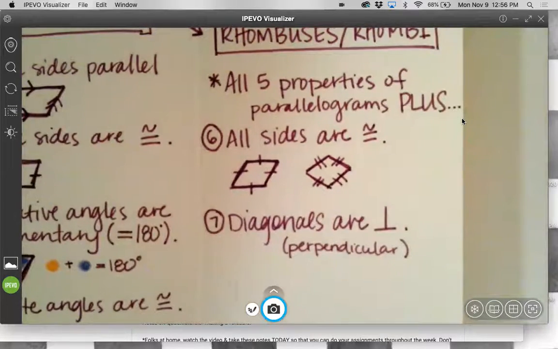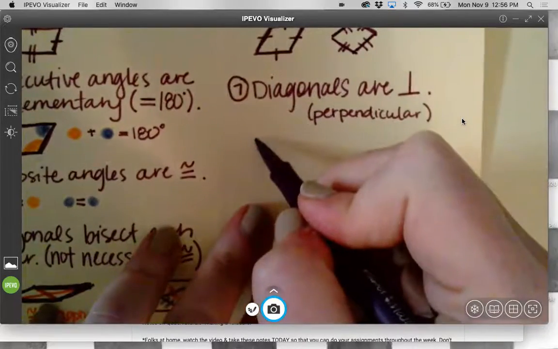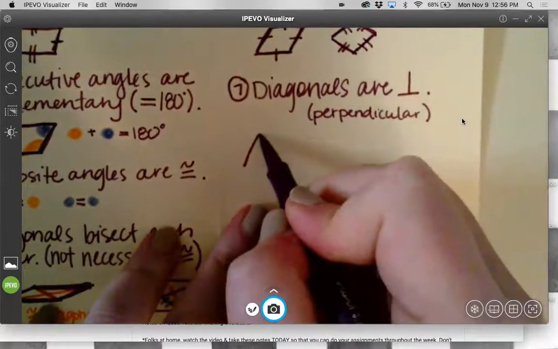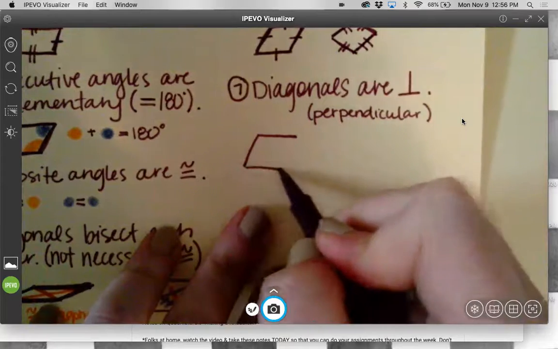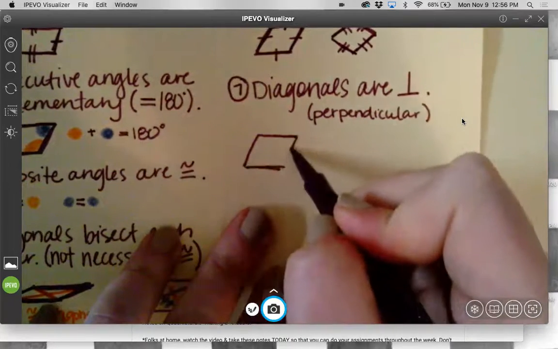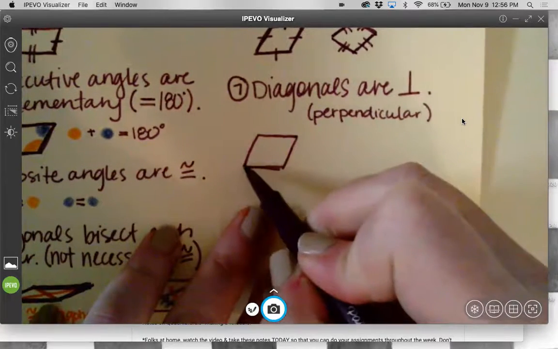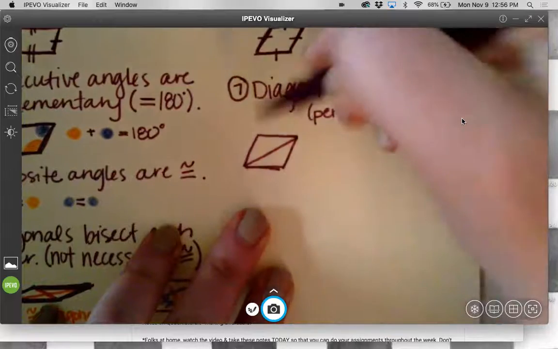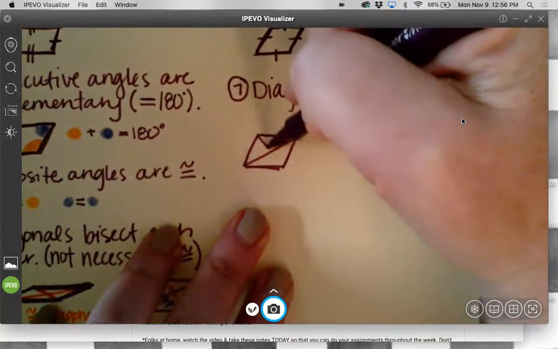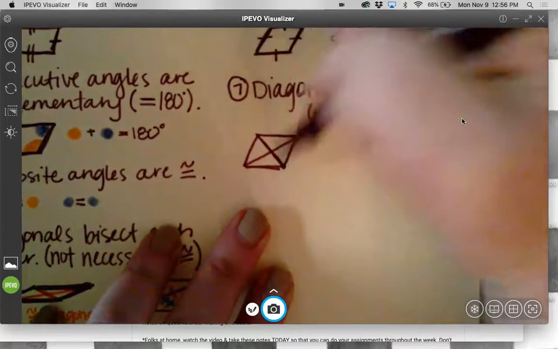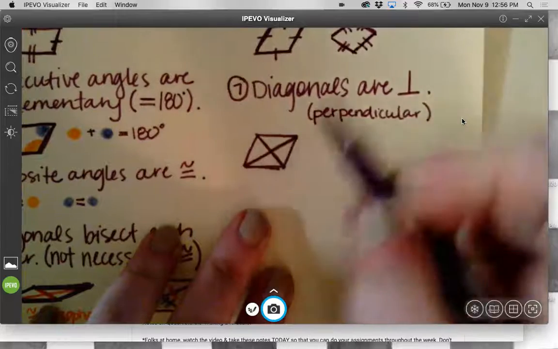It's that upside down T. So I'm going to draw us another rhombus as best I can. And when you draw your diagonals, if you've got your rhombus kind of close, you'll see that those look like they make a right angle, and they do.